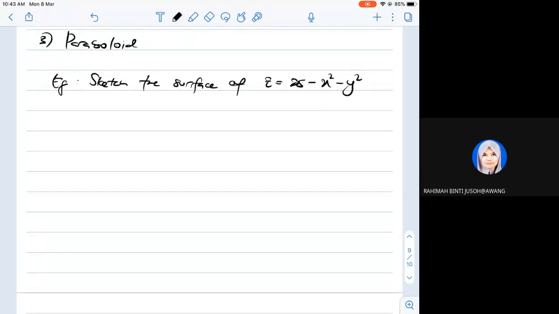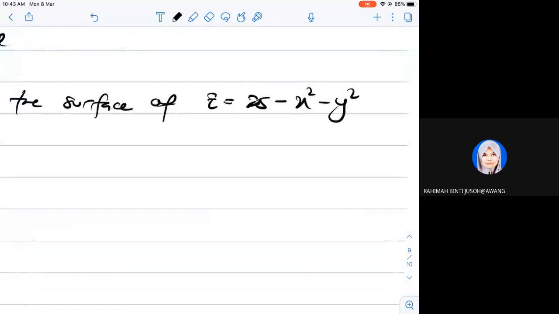Okay, now, okay guys, what's the difference between this equation dengan equation parabolic cylinder? Apa beza persamaan ni, paraboloid ni, dengan persamaan parabolic cylinder mula-mula tadi? 3 variables. Yeah, very good. Ada ketiga-tiga variables.